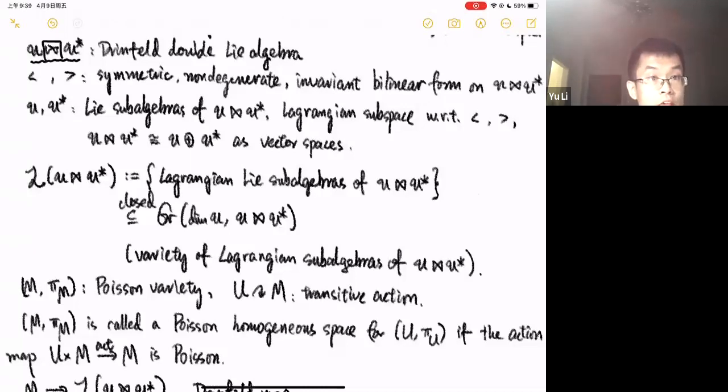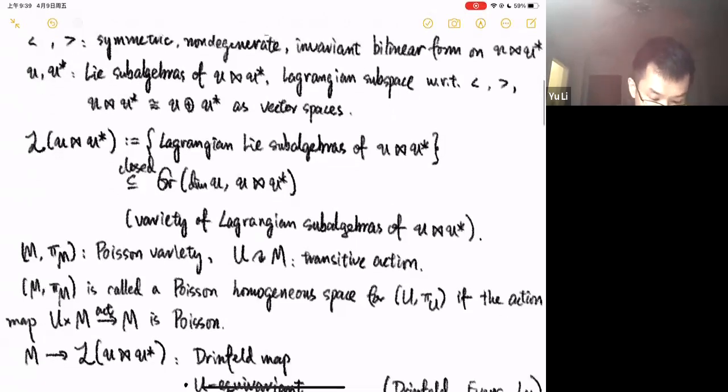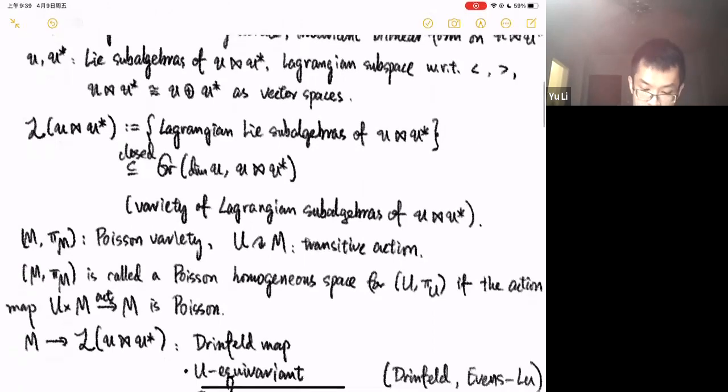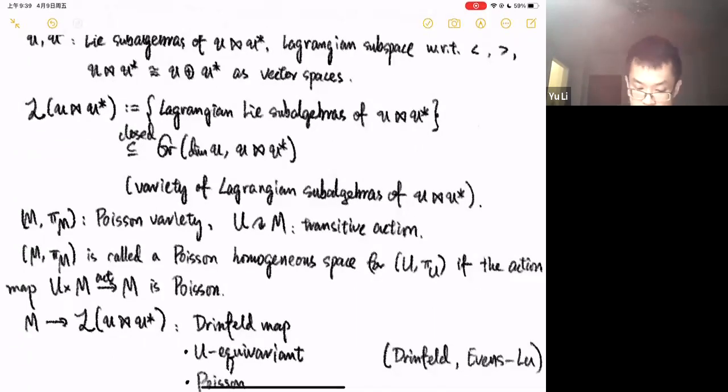Okay, so with all of these, I can define the variety L of Lagrangian subalgebras of the Drinfeld double. As I said, it consists just of Lagrangian subalgebras of the Drinfeld double Lie algebra. You can think of this as sitting inside the Grassmannian of dim(d)-dimensional subspaces of the Drinfeld double.